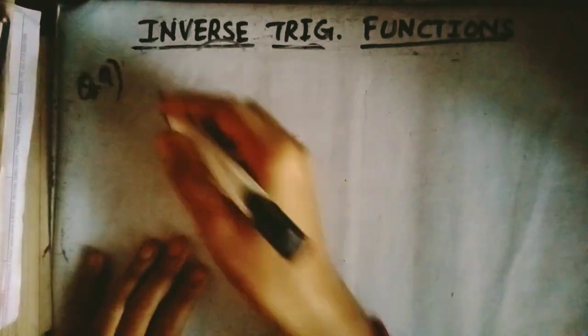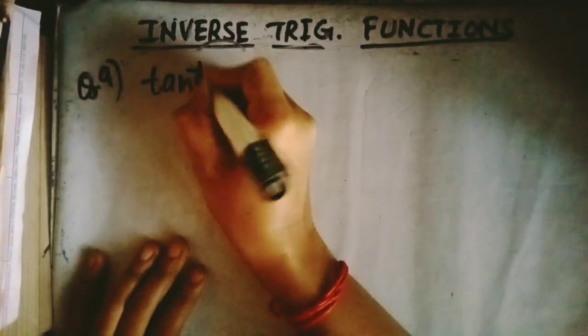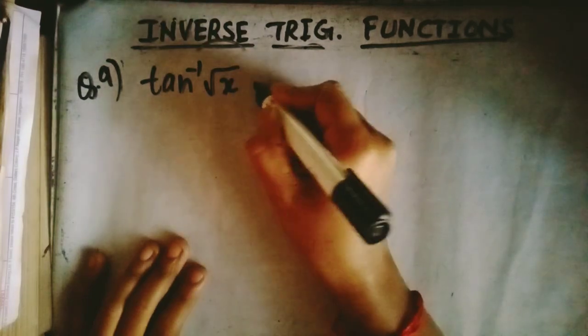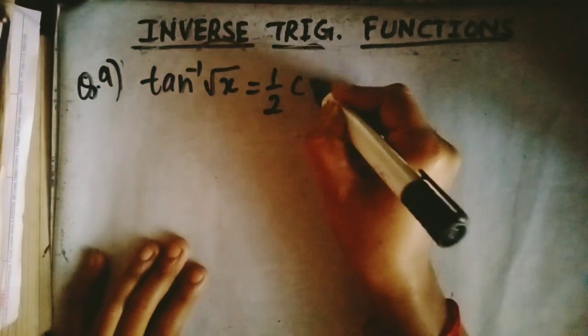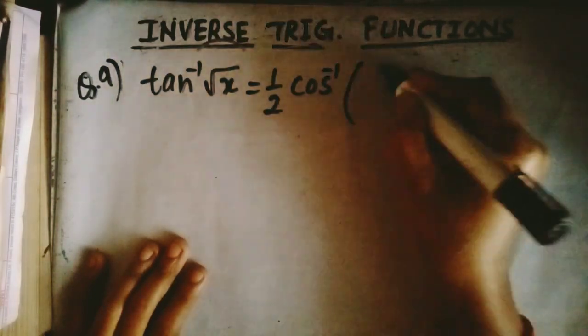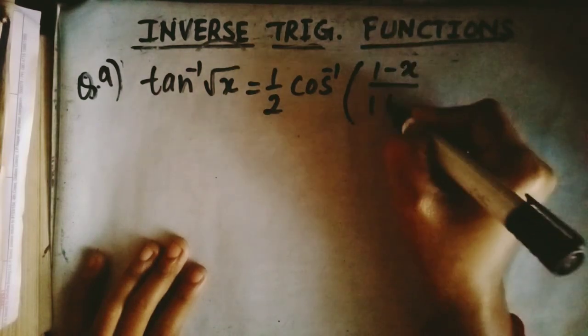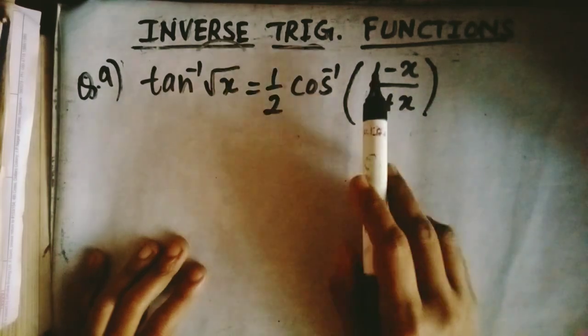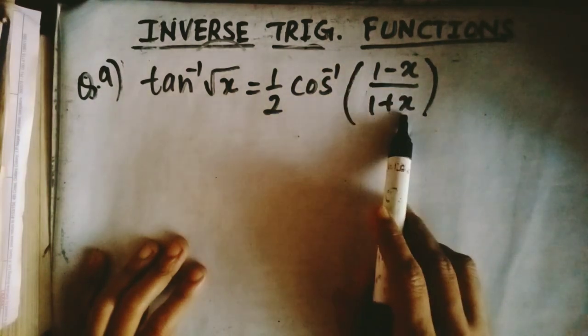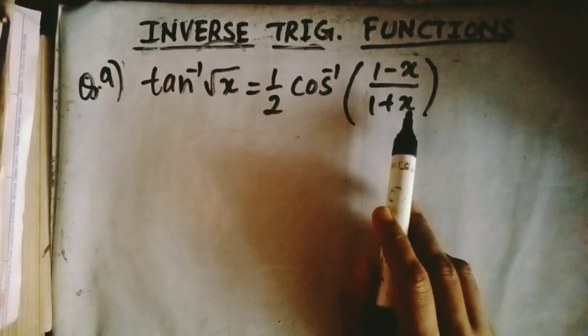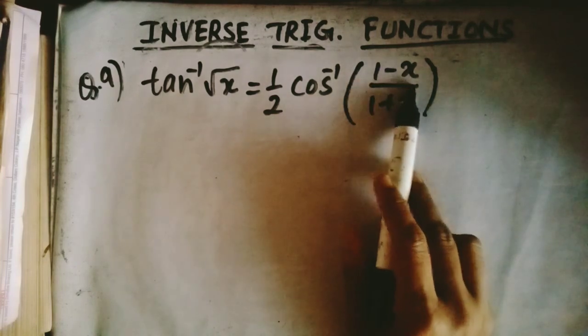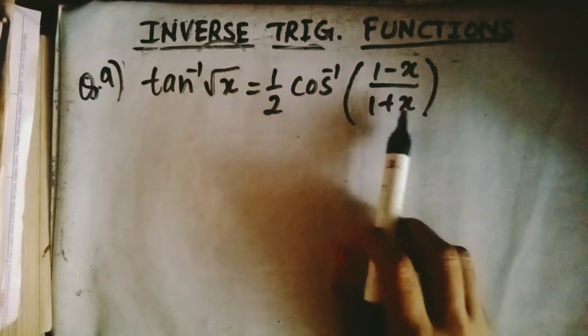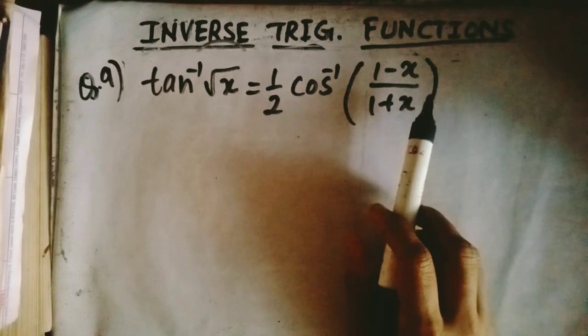Question 9. Tan inverse root x equals half cos inverse of 1 minus x upon 1 plus x. Looking at 1 minus x, 1 plus x, you will understand that x is our tan square theta, which will give you cos 2 theta.